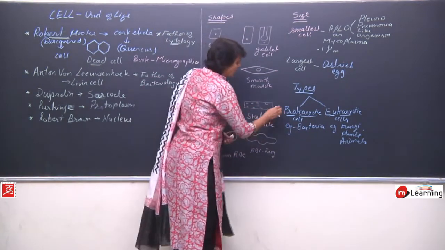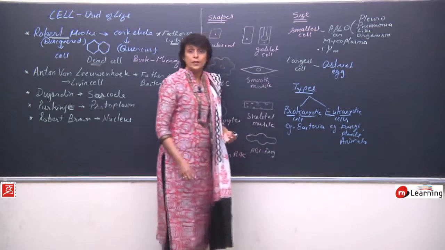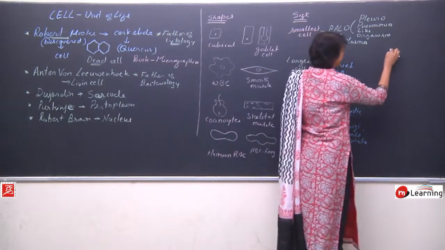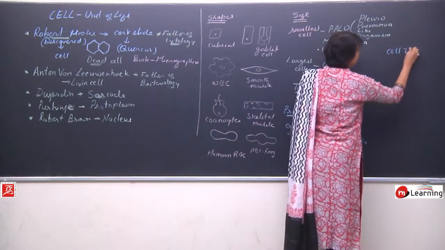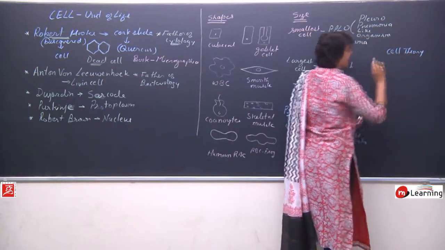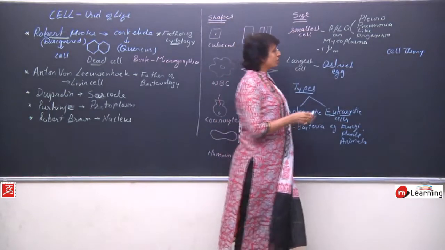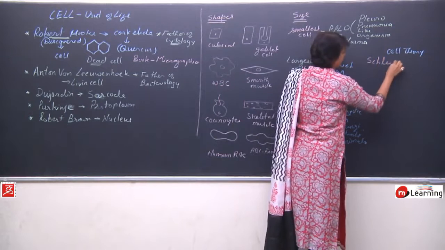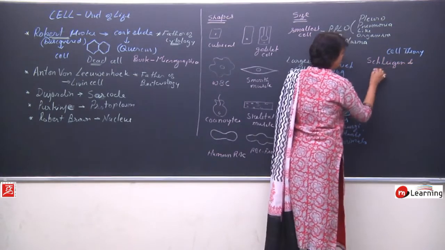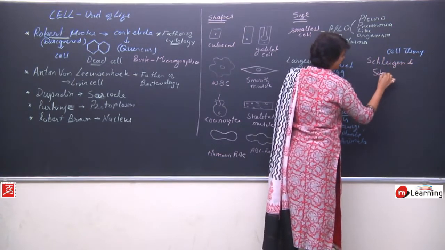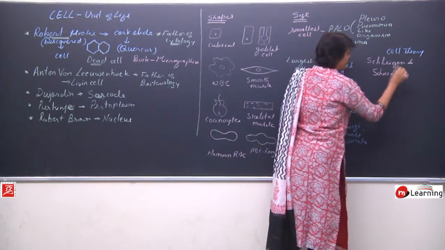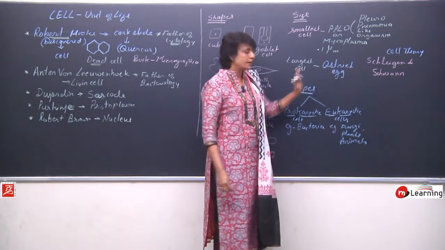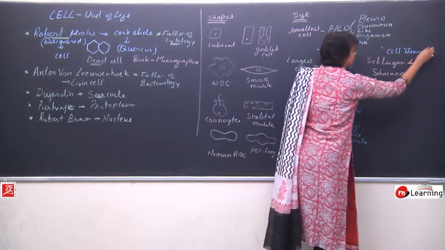Now let us talk about one more important historical event, that is cell theory. Cell theory was given by two scientists, Schleiden and Schwann. They put forth three important points which was considered as this cell theory.